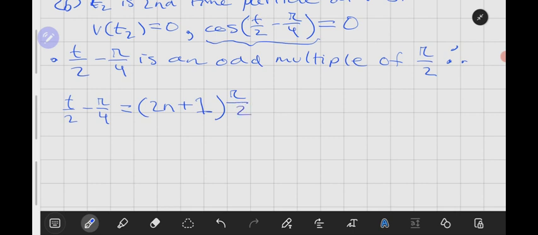Now, we can use this equality to solve for t.